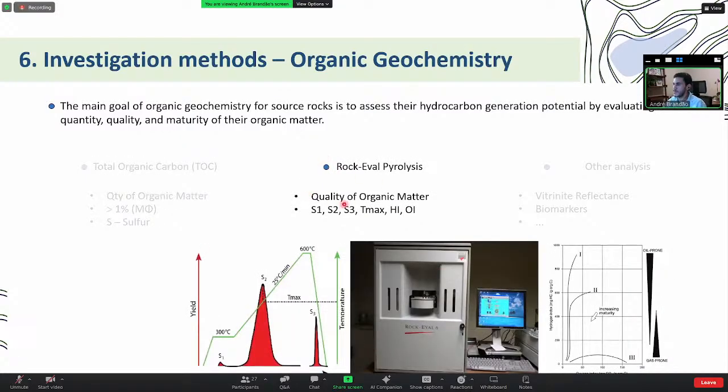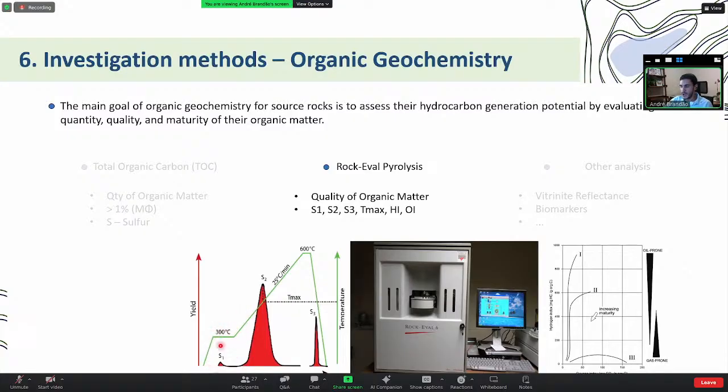There is also a very important one, which is called pyrolysis, Rock-Eval pyrolysis. Basically, you put a piece of the source rock in the oven and you start to heat things up. The idea is you're going to accelerate the process that happens in nature. And then you measure the amount of hydrocarbon that is generated here at 300 degrees.